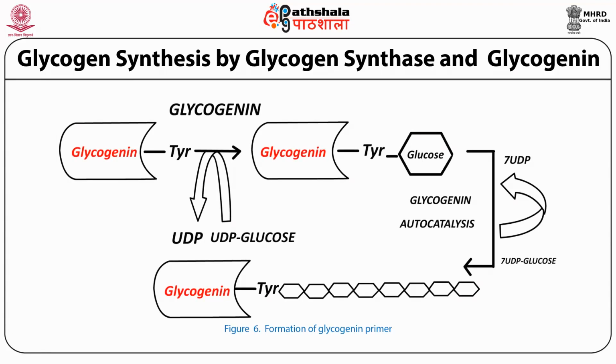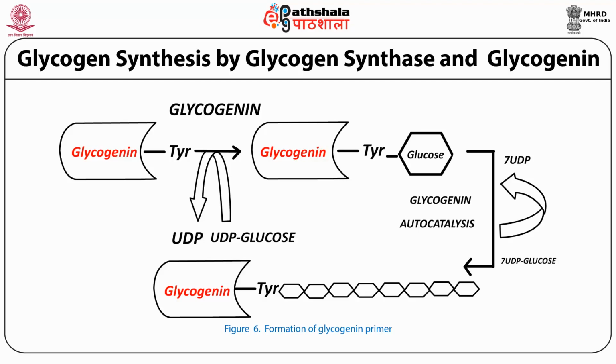This figure shows the formation of the glycogenin primer. The first glucose molecule is attached to the hydroxyl group on tyrosine, which is located at the 194th position of glycogenin, catalyzed by the subunit of glycogenin.